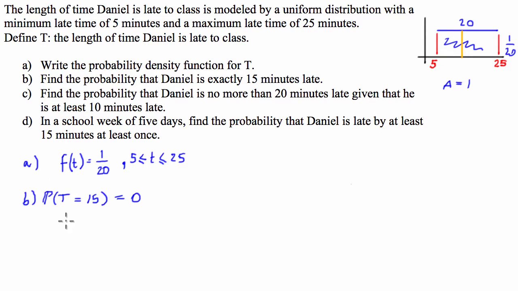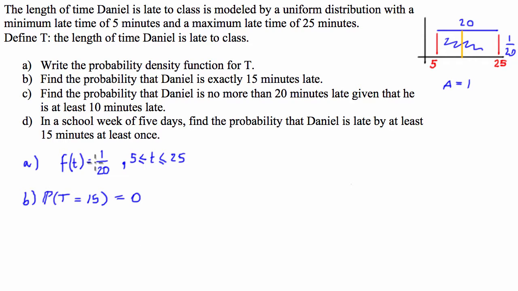That's just something you have to remember, and it's because you can always be more accurate. Like if this was defined as the probability that T is between 14.99 and 15.01, then we could define that. But we don't have a domain because this is limiting to 0.